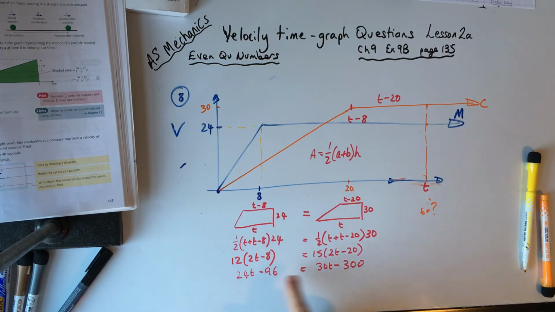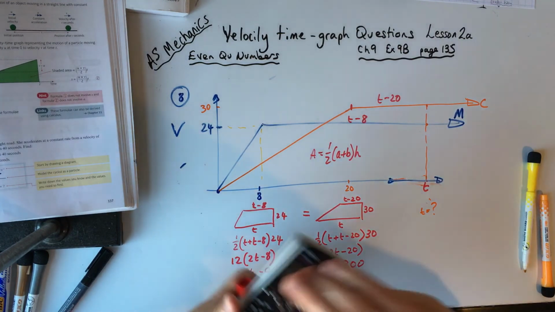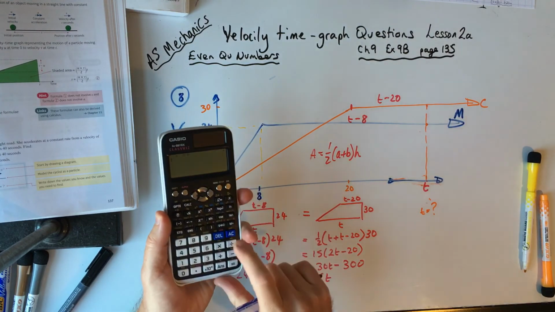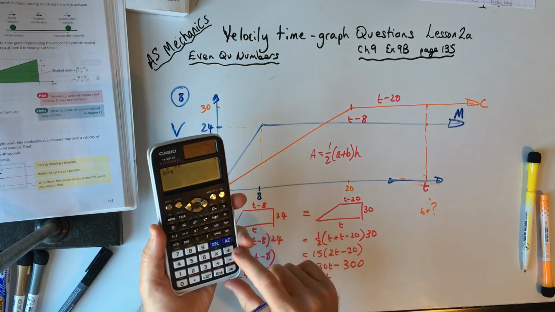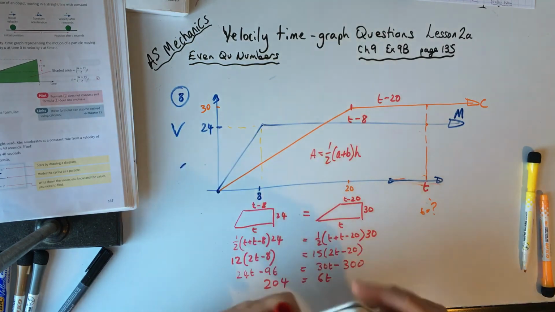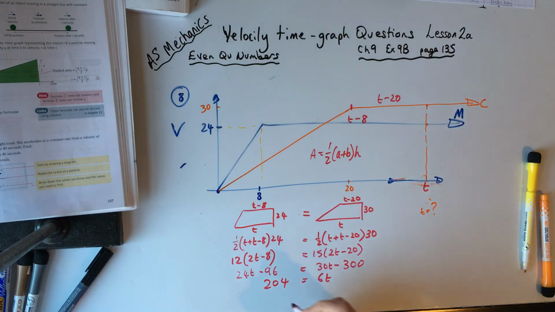Taking it all over to this, so 24t off both sides would leave me with 6t, and adding 300 onto that, so I've got minus 96 plus 300, 300 minus 96 is 204. Does that divide nicely by 6? I hope so. So 204 divided by 6 is 34. So t is 34 seconds solving that.